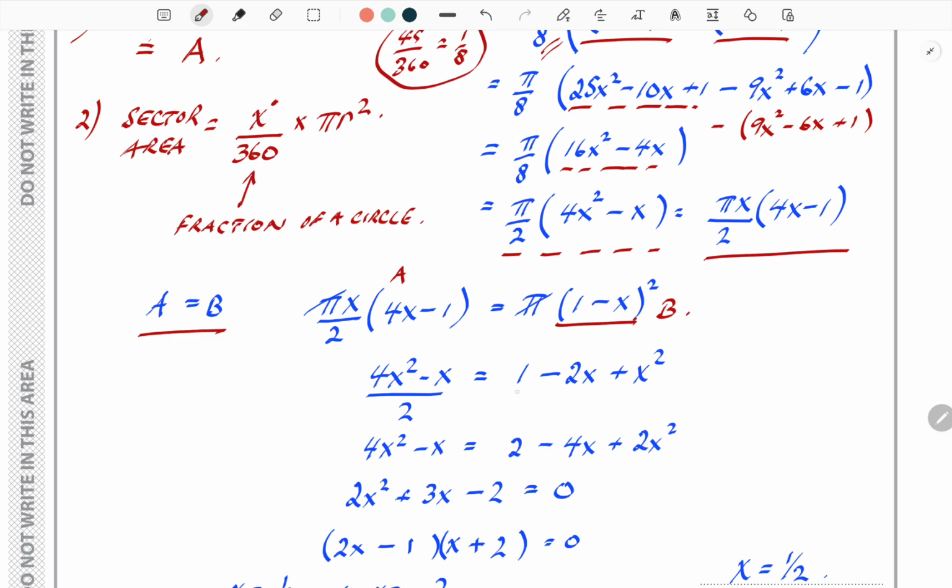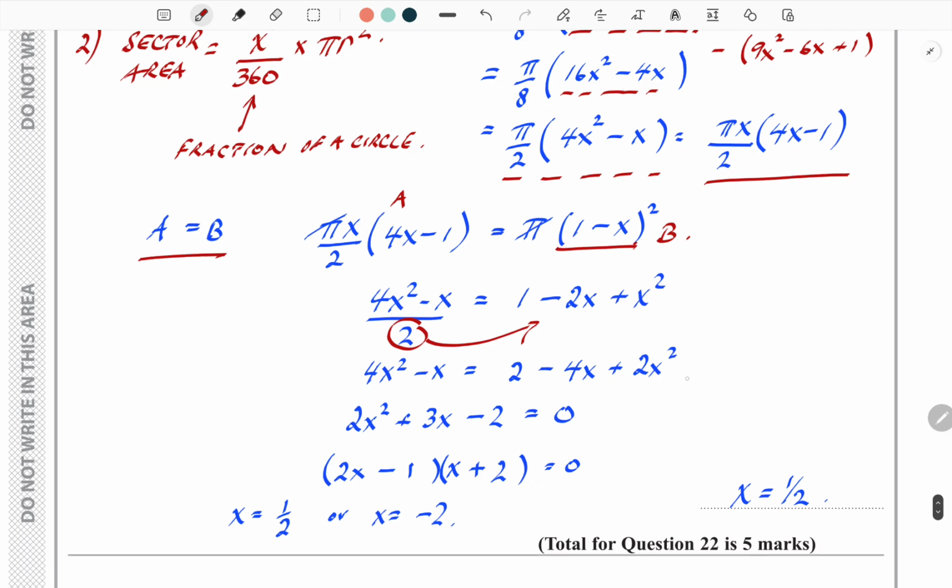Expand the brackets on the right-hand side, 1 minus 2x plus x squared, all right? This 2, denominator, multiply across there. So you've got 4x squared minus x on the left-hand side, and this side you've got 2 minus 4x plus 2x squared, all right?